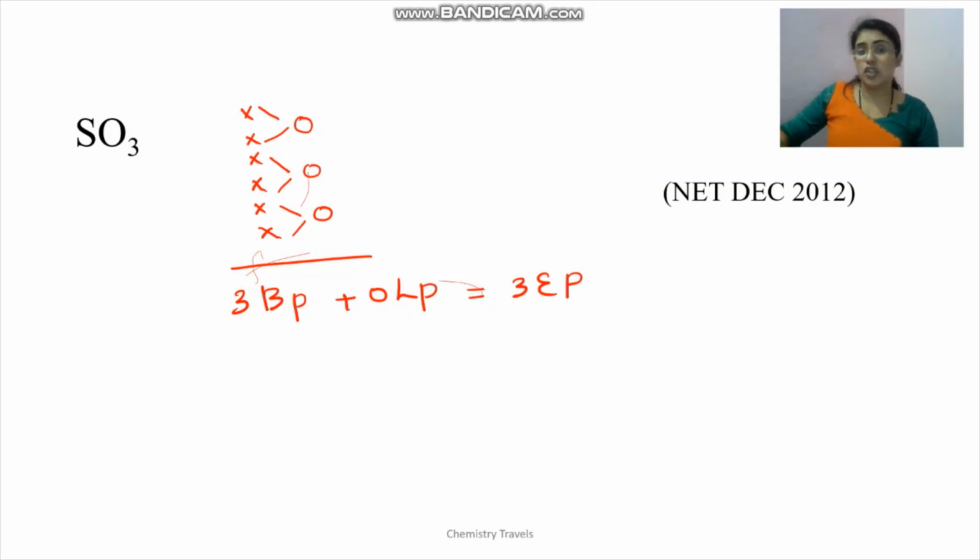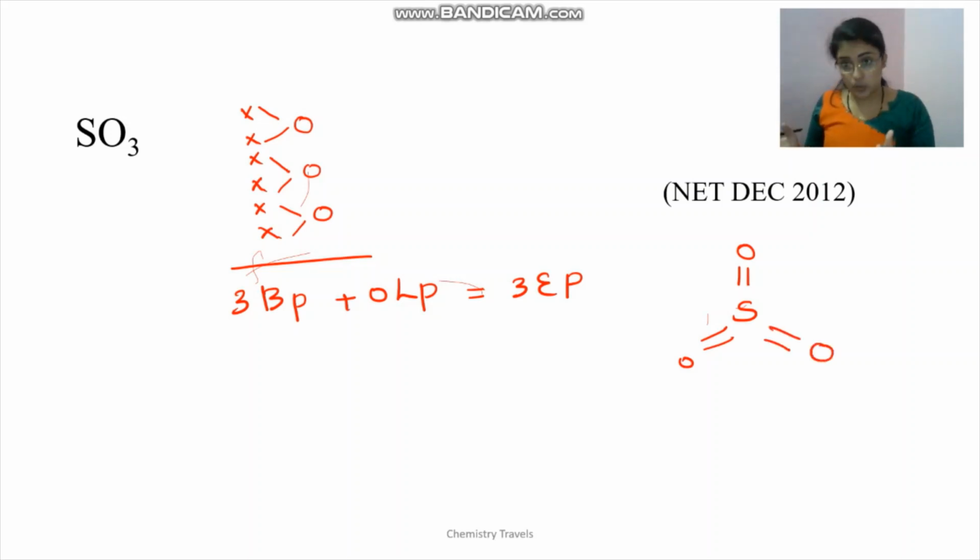3 electron pairs means I would have my central sulfur atom, and around it each of the oxygen atoms would form double bonds like this, oxygen here and this oxygen here. So this is how SO3 would look, and since it does not have any lone pair, its molecular shape and geometry both would be the same. It's trigonal planar shape and geometry.